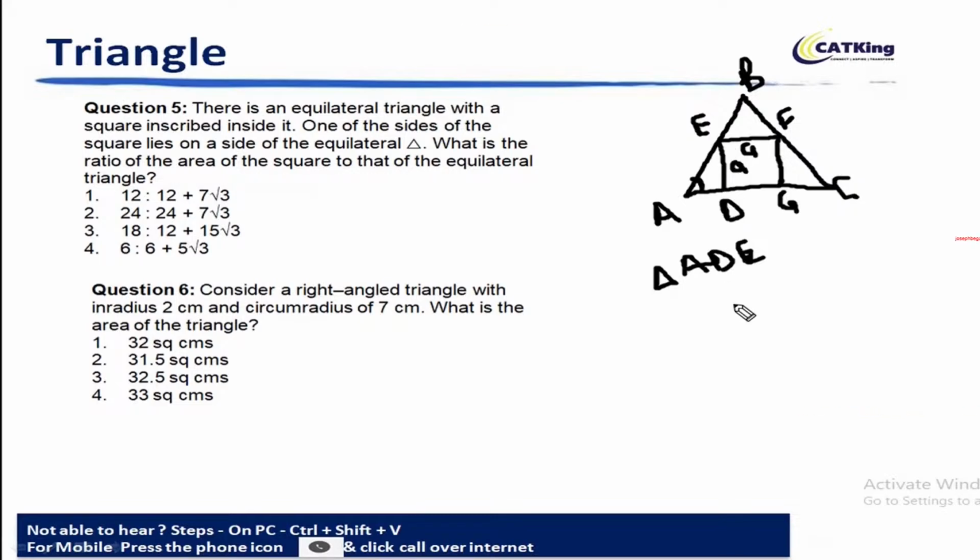ED is equal to A, which is the side of the square. Angle A is equal to 60. So applying tan A, tan A will be how much?